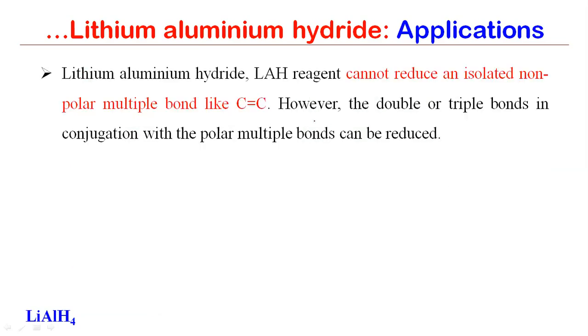All right, one thing which I would also like to mention here is that whenever we treat a polar functionality like a carbonyl compound, we know that this carbonyl can be reduced. If we have a carbon-carbon double bond in conjugation with this carbonyl, then that functionality can also undergo reduction because of the delocalization of electrons.